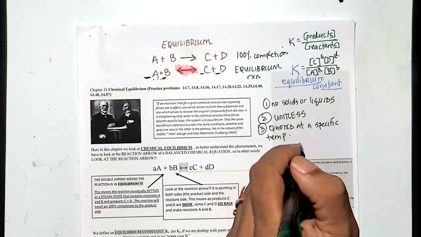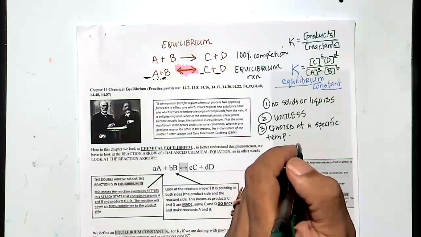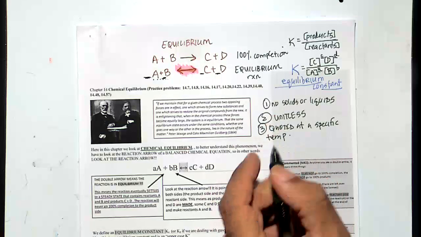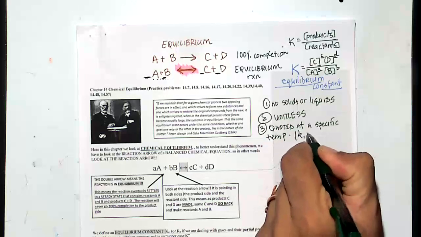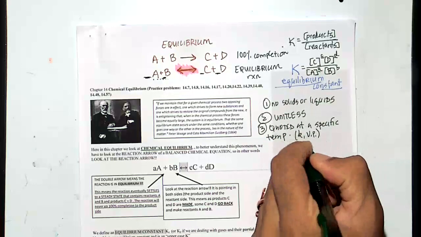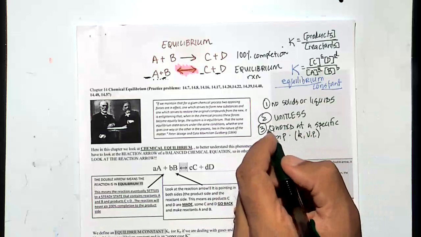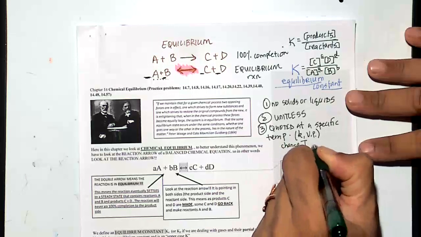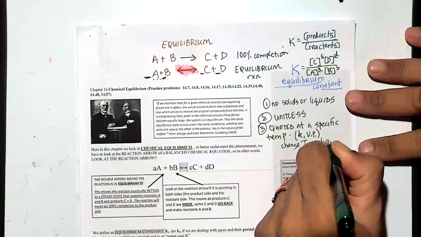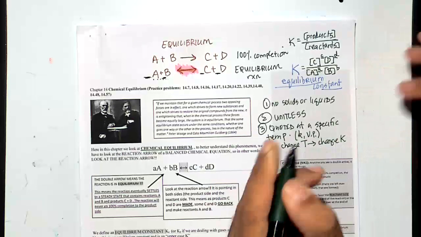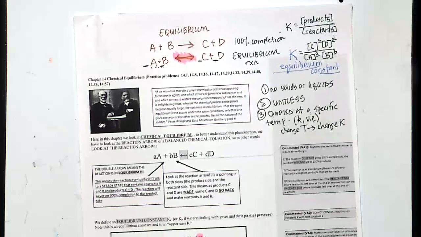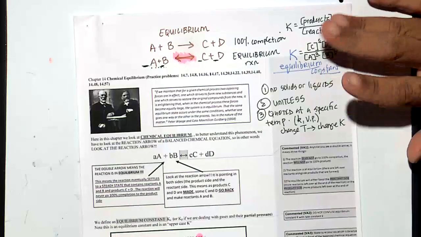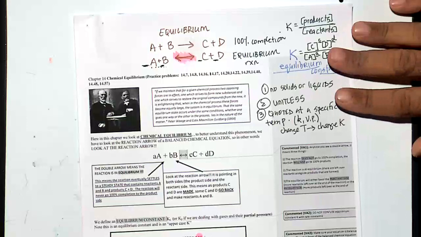That was vapor pressure, at the very beginning of the class, and then also last chapter, rate constant K. So now this one also is quoted at a specific temperature. You change the temperature, you change the equilibrium constant K. All right, so these are the 3 things I want you to know about the equilibrium constant.